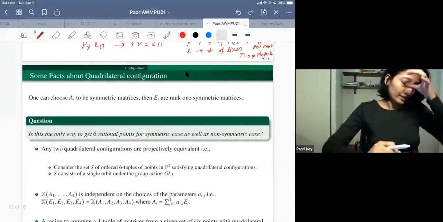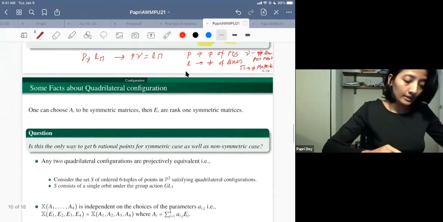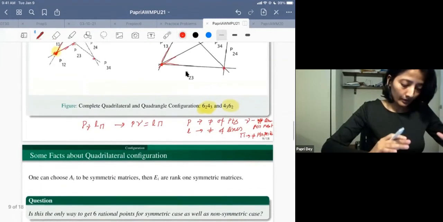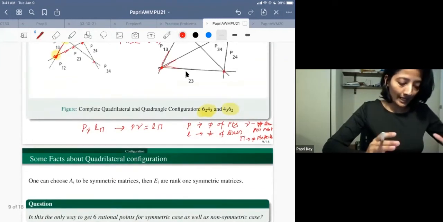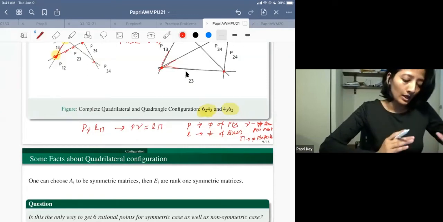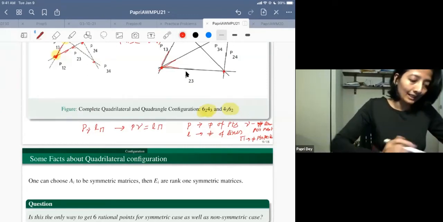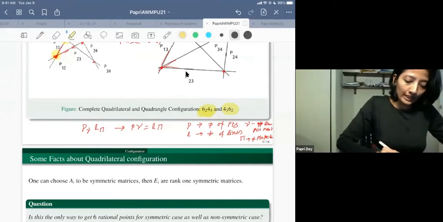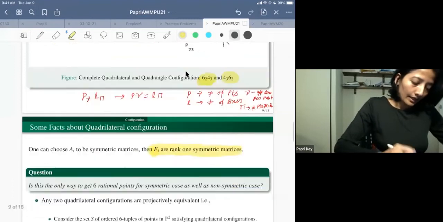Here I would also like to mention that our method doesn't assume the AI to be symmetric matrices, but one can definitely choose the AI to be symmetric matrices. In that case, we need to choose the EI as rank 1 symmetric matrices.